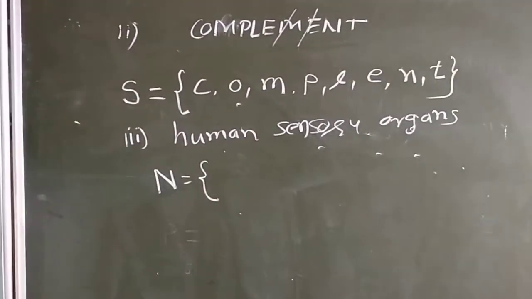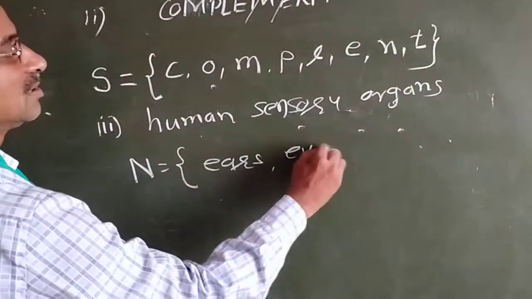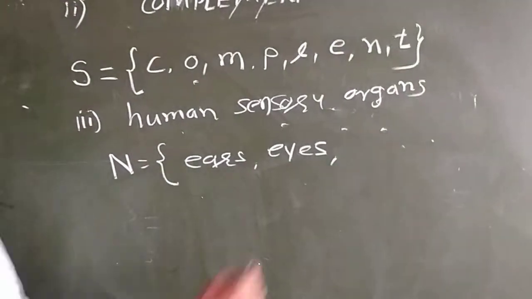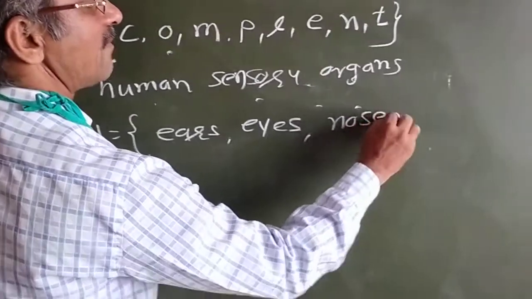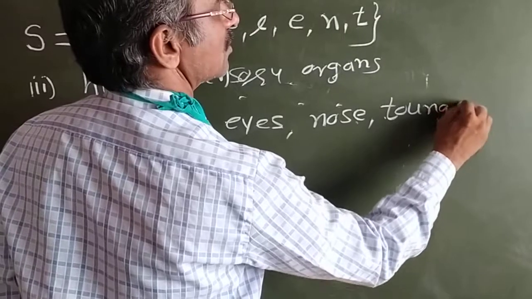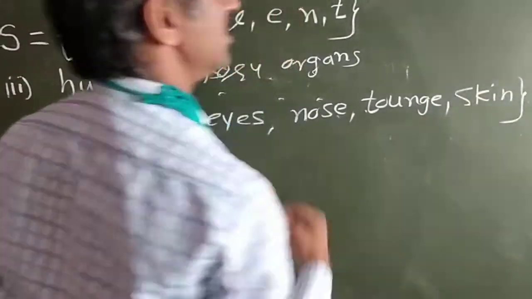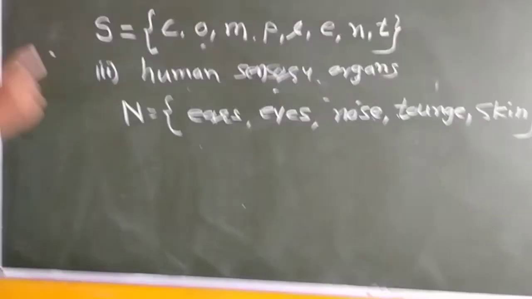Which are they? Our ears, eyes, nose, these are the organs which remain, and this is the answer of the third one.